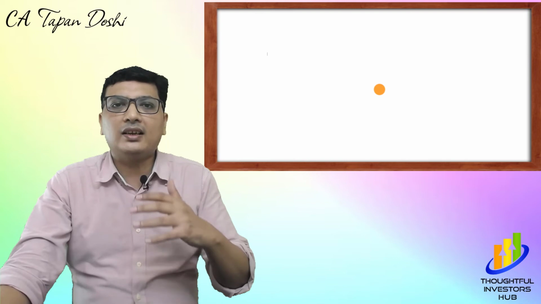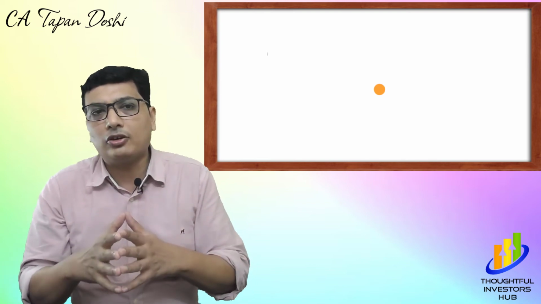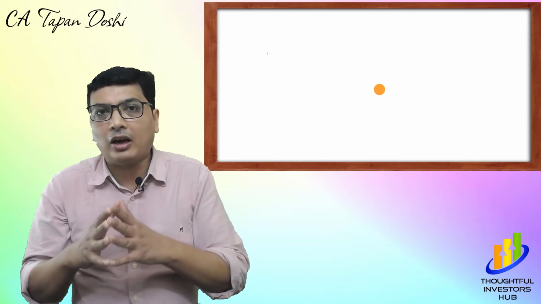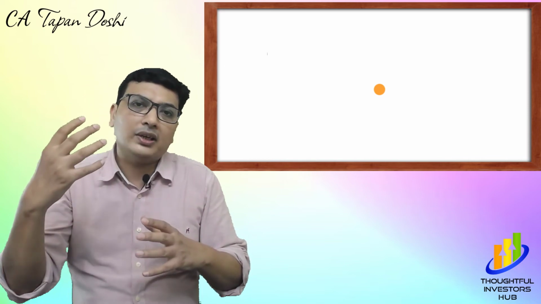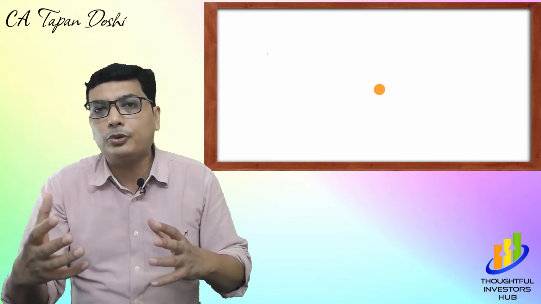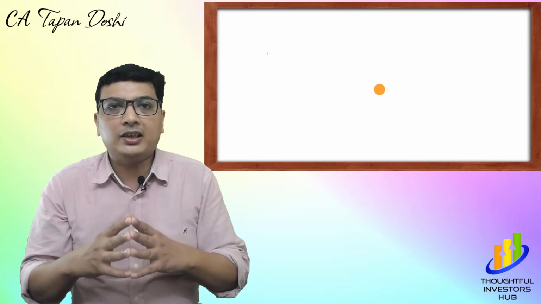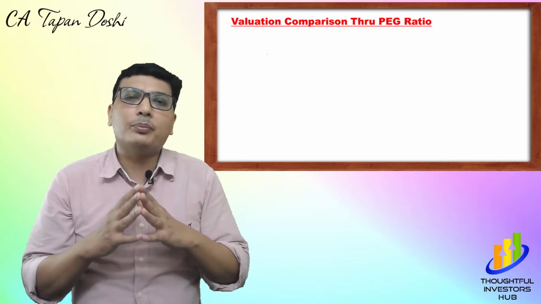Now let us see another metric. Suppose these stocks are not performing well, then how can you decide whether the future visibility is good or not? Another important ratio available in the market is the PEG ratio. Now, what is valuation through the PEG ratio?